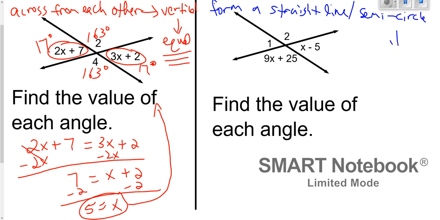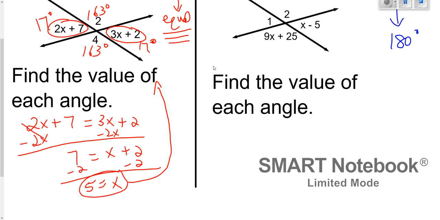And that's important because we know both of those things are 180. So I know that these two angles add up to 180. So let's write that. 9x plus 25 plus x minus 5 equals 180.